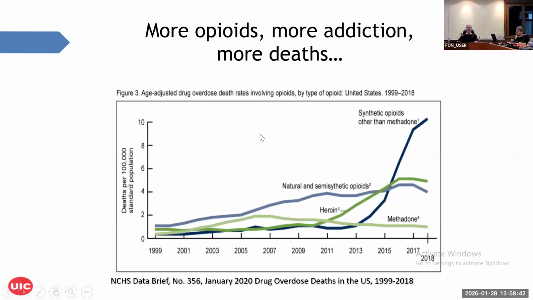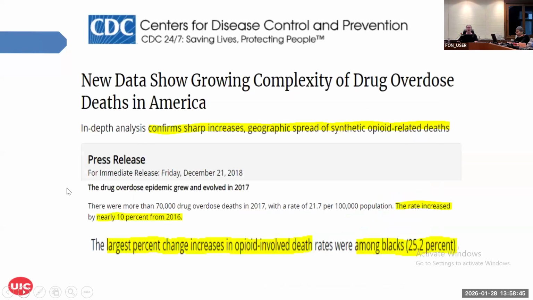So because of that, what happened was that the Center for Disease Control, the CDC, showed that there were so many drug overdoses, and also that it increased by nearly 10% from 2006, and also that it was unequally distributed among the American population, with more effect on the Black population in the United States.